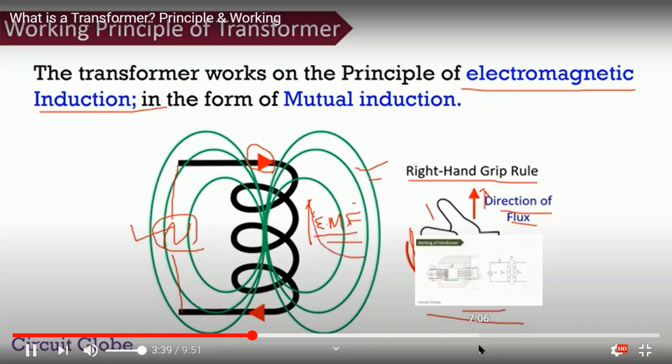Here the effect is the alternating EMF induced in the coil, and the cause is the alternating current that we supply to the coil. So according to Lenz's law, this EMF always opposes the supply voltage. In this case, the polarity of the induced EMF is opposite to the supply polarity, and hence we can say this EMF opposes the supply voltage.